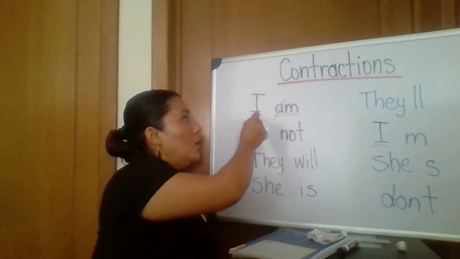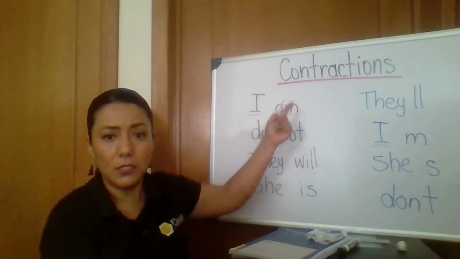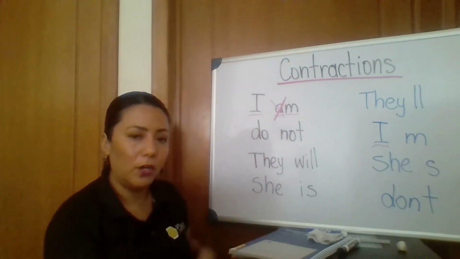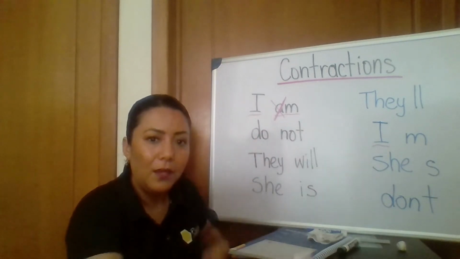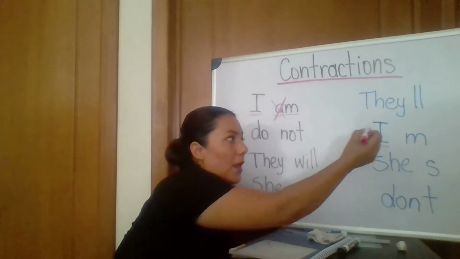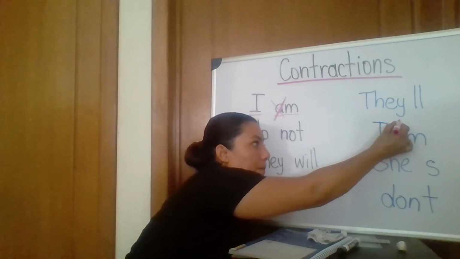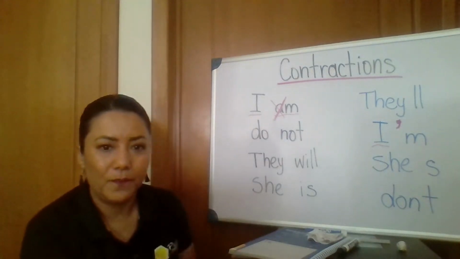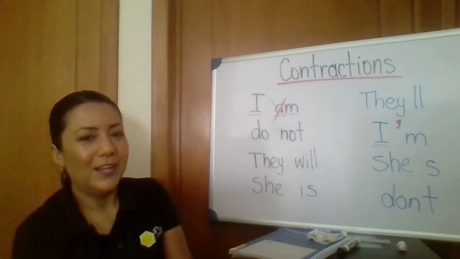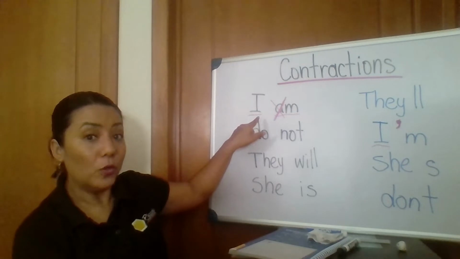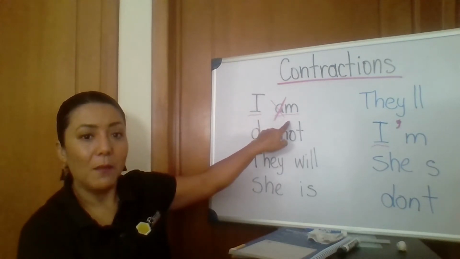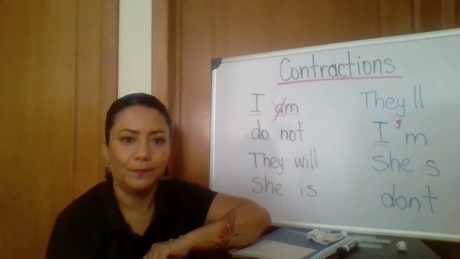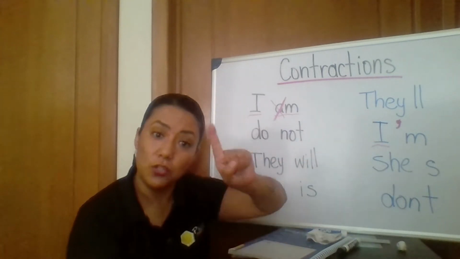So, in order to make contractions, we drop, bye-bye, some letters, and then in that place, we put an apostrophe, a little dot in the line down. Whoa! Now let's read. No contraction, I am, but that contraction is I'm. I'm. It's just one word.